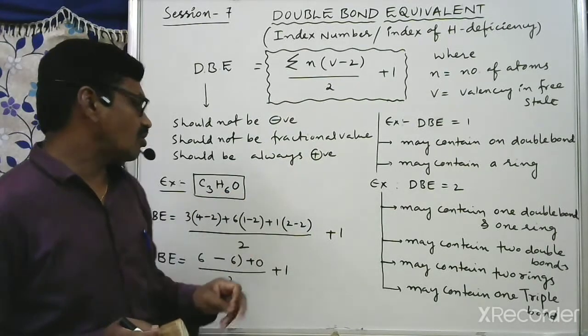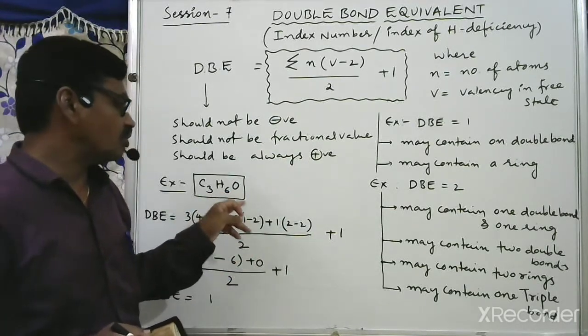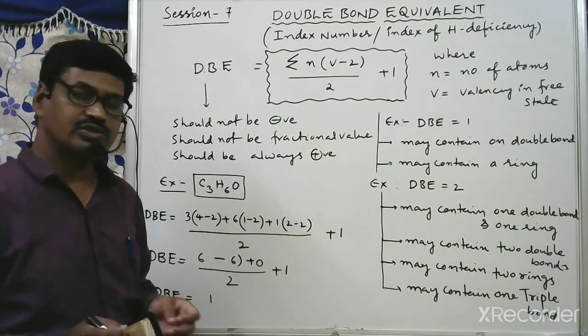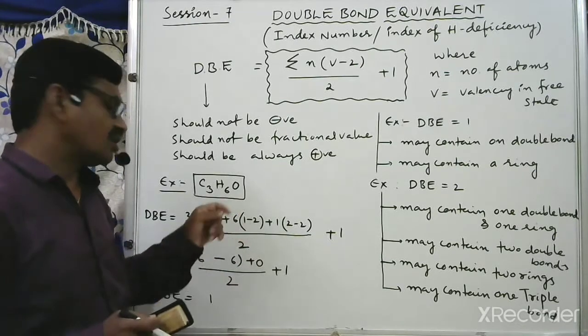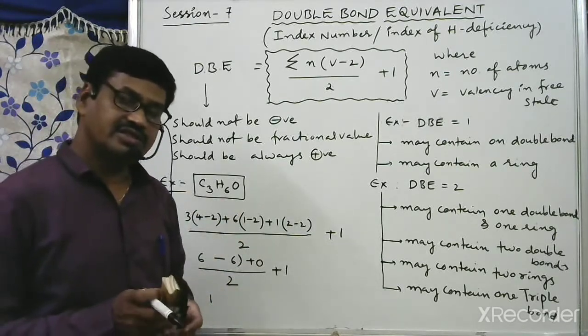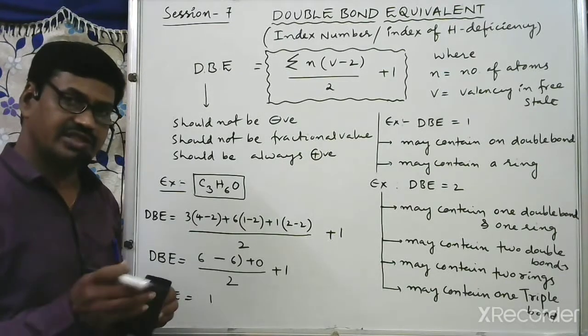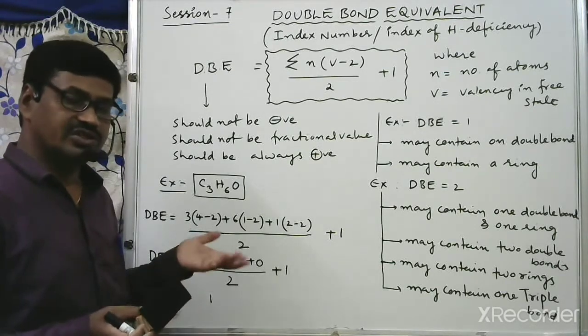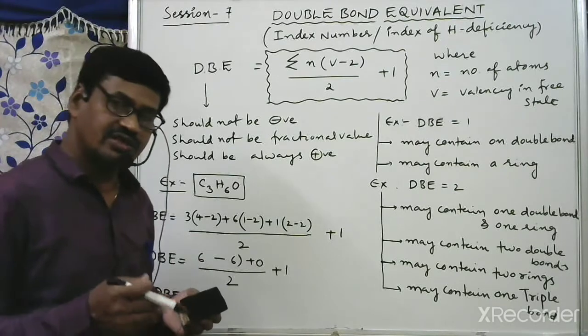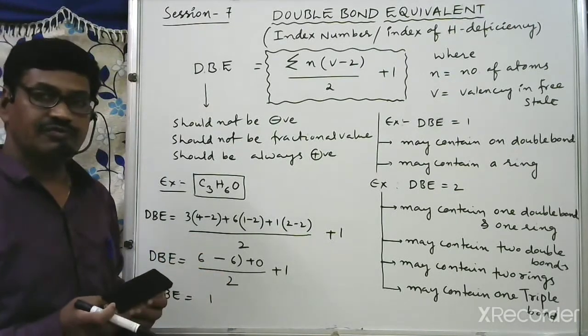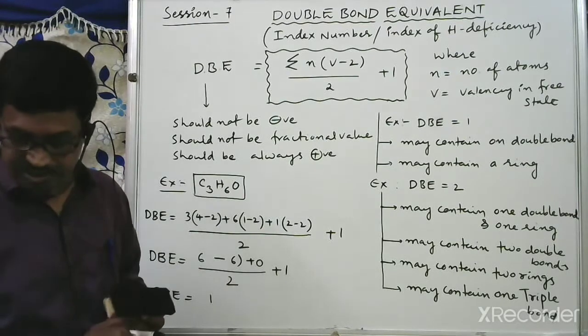This C3H6O may also contain a ring. One ring is also possible, along with oxygen. Maybe oxygen is one of the ring atoms. Within the ring we can write oxygen, or outside the ring also we can write oxygen. Like that we have to expect a number of structural isomers.